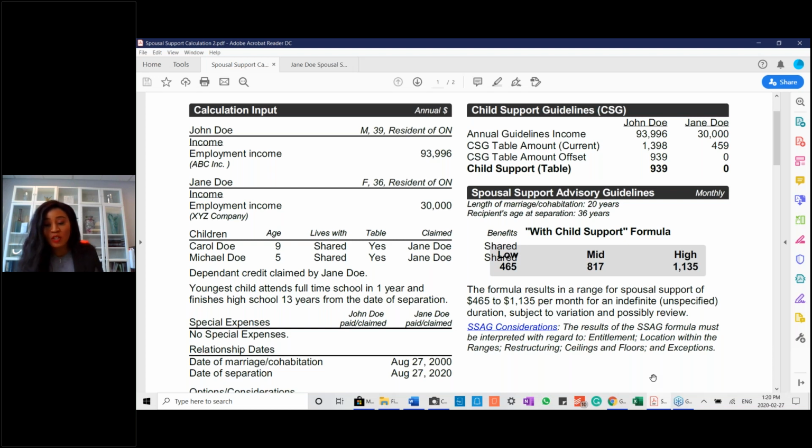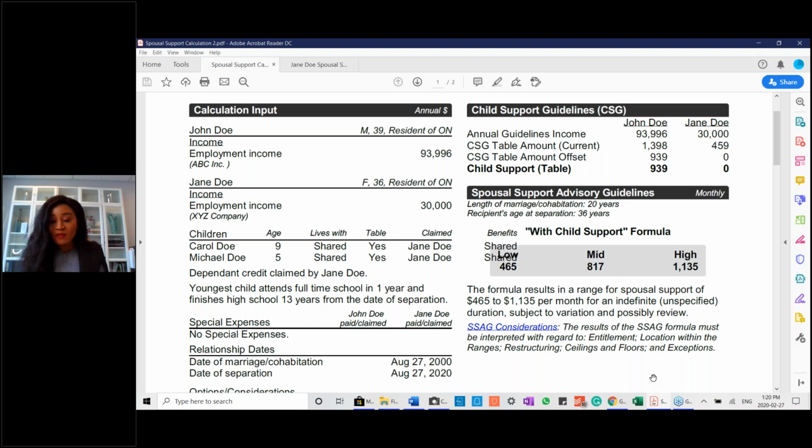But indefinite duration is different from lifetime. It just means that because of the length of the marriage, there'll be no end date. If there has to be an end, it has to be based on a material change in circumstances, and if you meet that threshold, then support can be terminated. So if you're a support recipient, don't think that you would necessarily get the support for your lifetime. It may be that, but often it isn't.